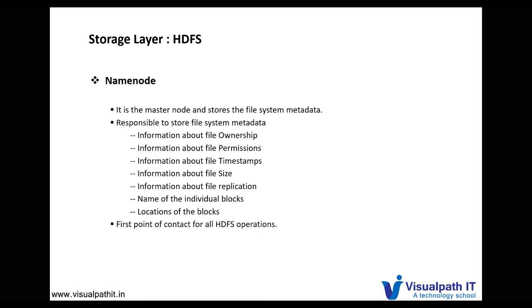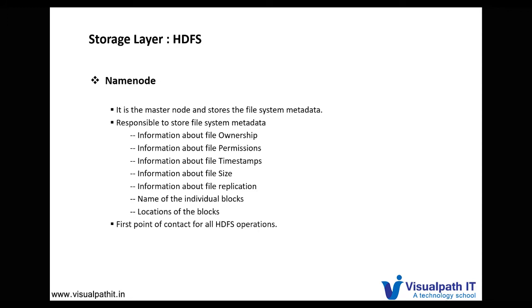And block size, everything will be stored in the metadata in the name node memory. That is the name node's duty. Also, the first point of contact for all HDFS operations is the name node.